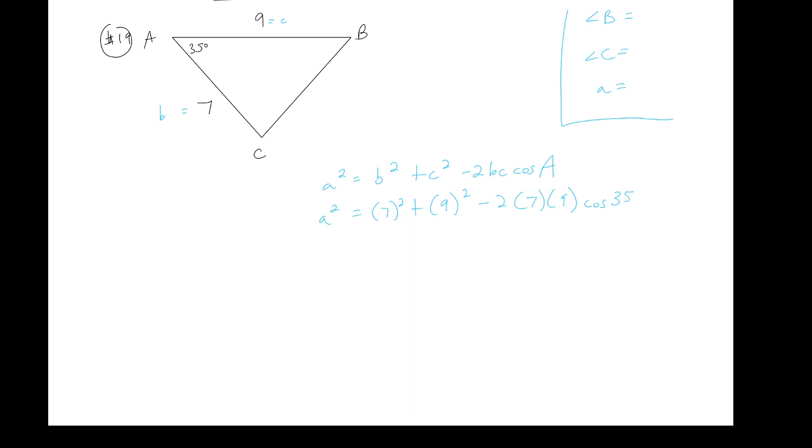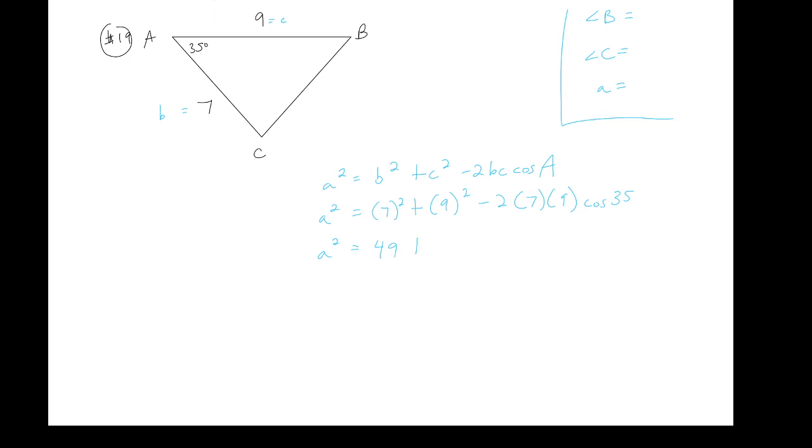Now we're going to operate on this entire thing algebraically. We're going to solve for a squared. We're going to solve for a, but we need to simplify this before we punch this thing into a calculator, okay? So let's go ahead and simplify all the stuff we put in.